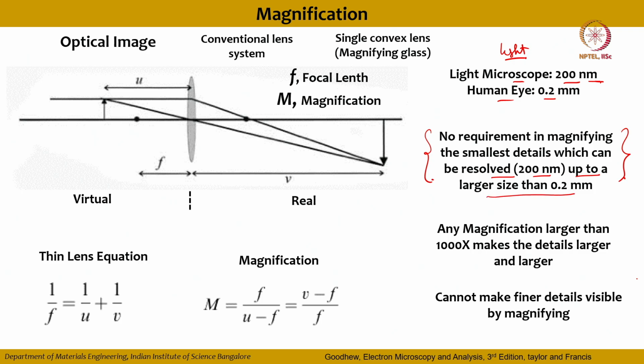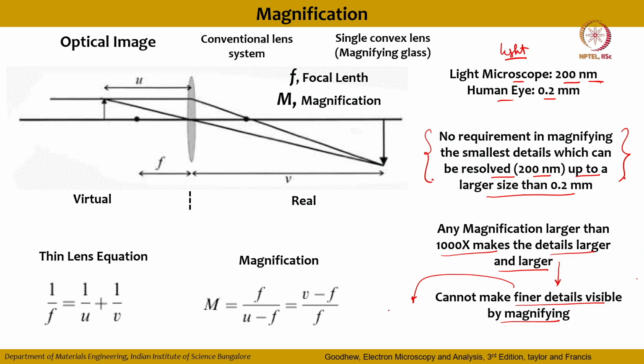Okay, so any magnification which is larger than 1000x makes the details larger and larger. So you can magnify infinite times. The thing is, even though you are magnifying, the finer details cannot be resolved.